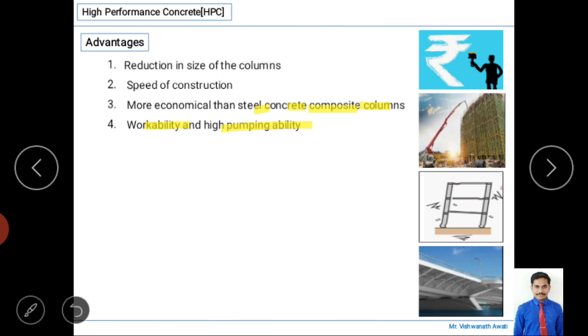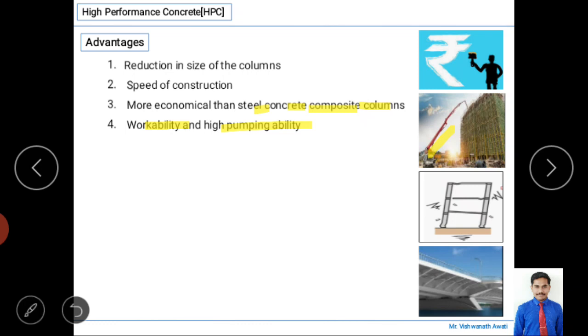So why do we need high pumping ability here? Because concrete is pumped, as you can see here, with a pumping machine. If you go for high rise building construction, we require pumping of concrete like pumping of water. Just as water is pumped from ground level to where it is required, concrete is pumped the same way, but the instruments are different, right?